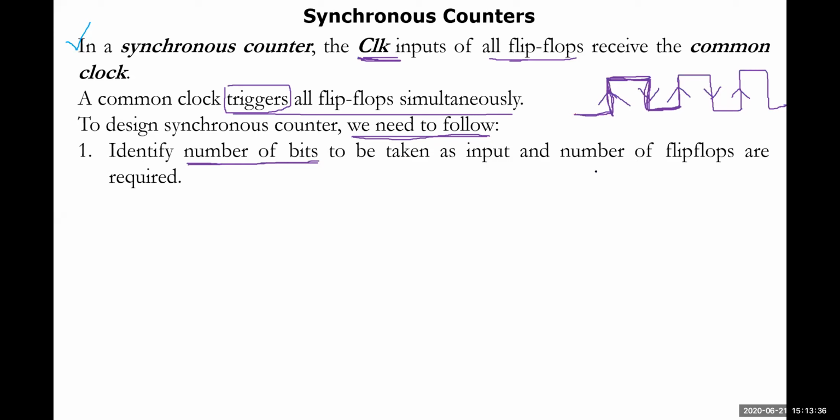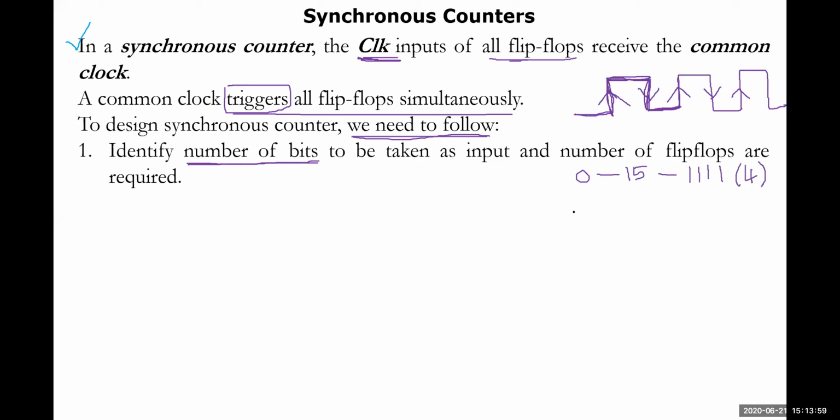For example, I want to implement a counter that counts from 0 to 15. How many bits are required here? 15 is represented in binary as 1, 1, 1, 1. So 4 bits are required here.